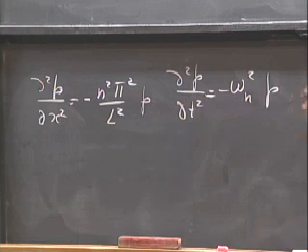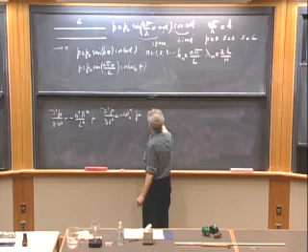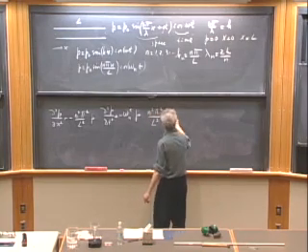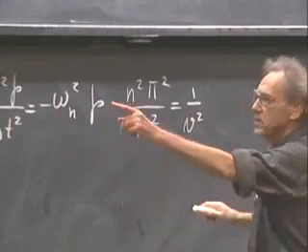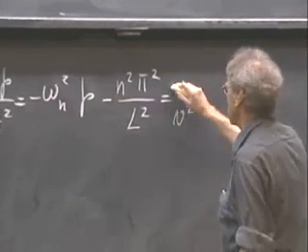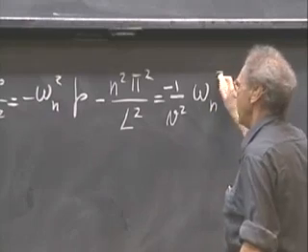And now we are in business, because now the wave equation will tell us the connection between the two. It tells us that n squared pi squared divided by L squared is now 1 over v squared, that is the 1 over v squared that I have there, times omega n squared, with a minus sign on each side.